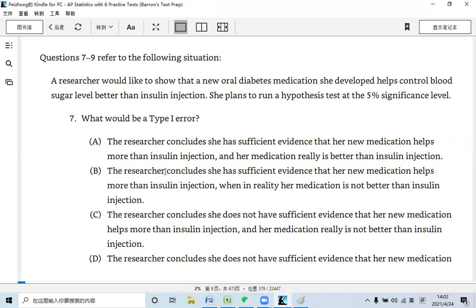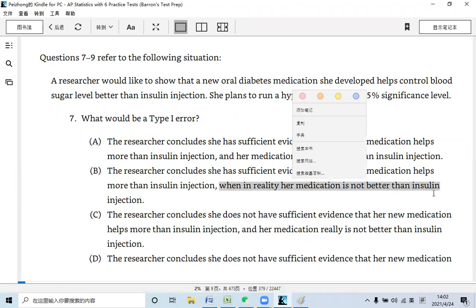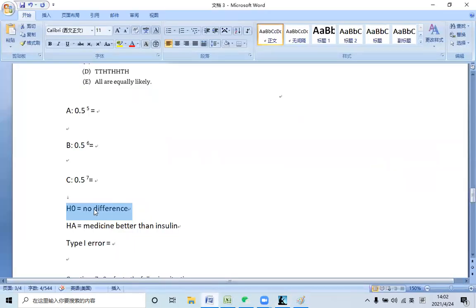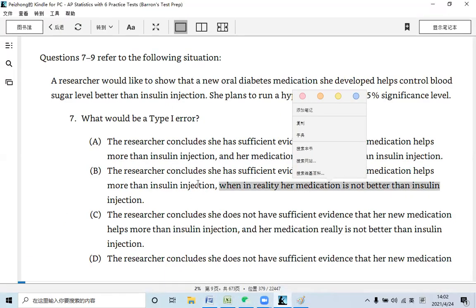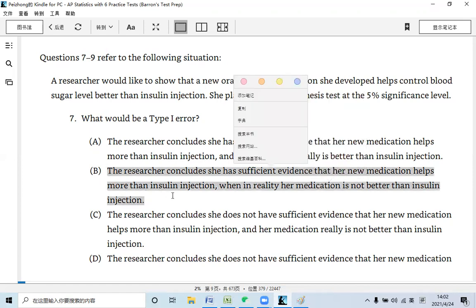However, the researcher concludes she has sufficient evidence that her new medication helps more than insulin, when in reality, her medication is not better than insulin. That means there's no difference. If you look at the H0, no difference is true, and she rejects the no hypothesis. This would be a type 1 error.